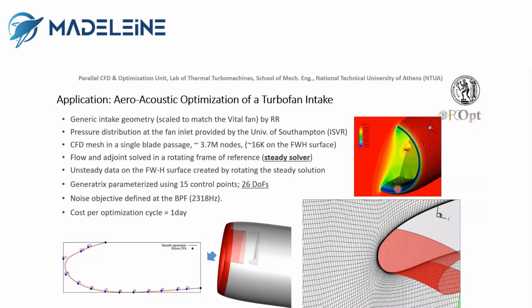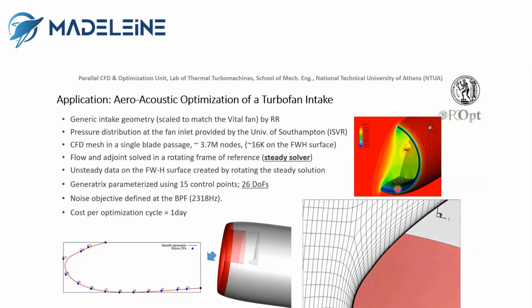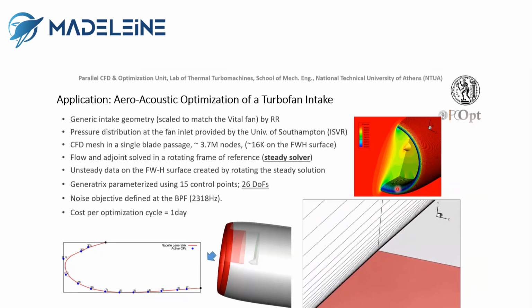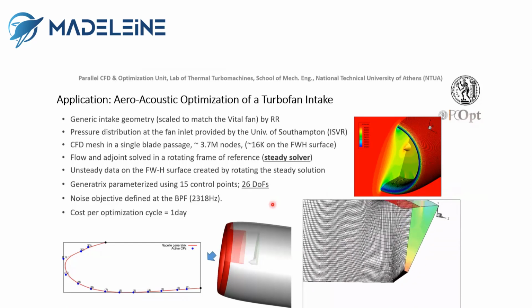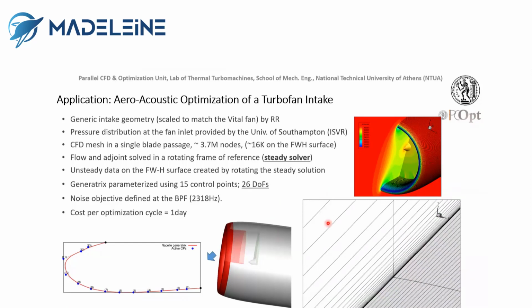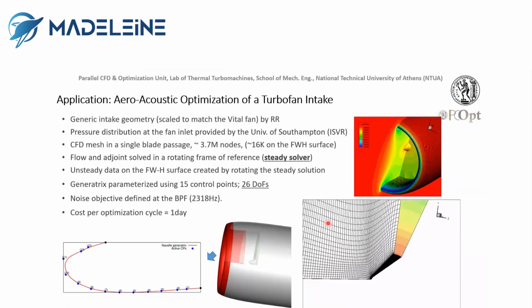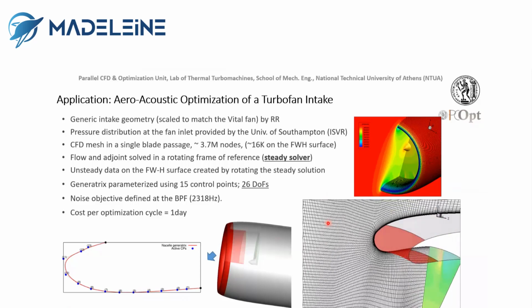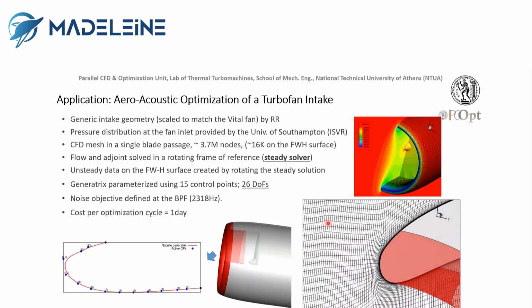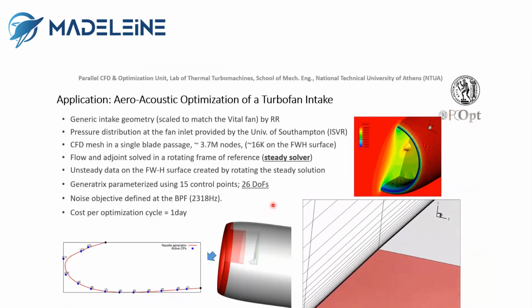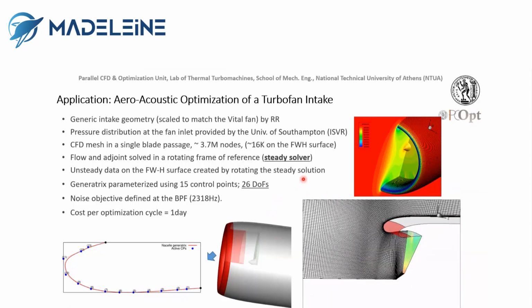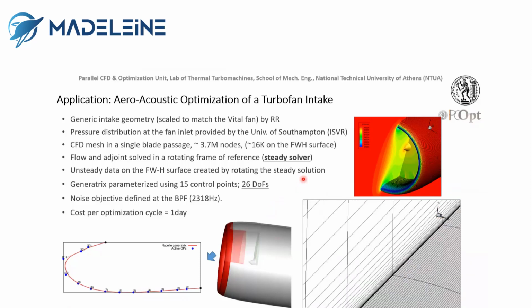For the optimization of the shape of the intake, practically its generatrix is parameterized using 15 control points, resulting in 26 design variables in total, since the first and the last points are not allowed to vary. In this case, the noise objective is defined at the blade passing frequency.